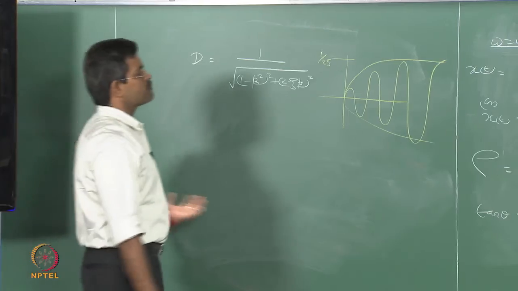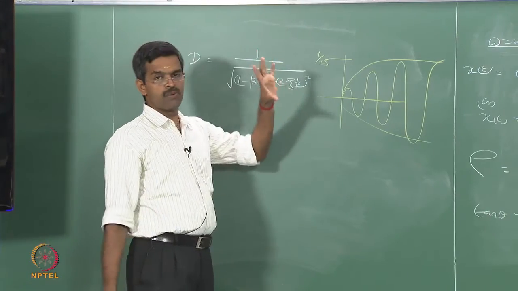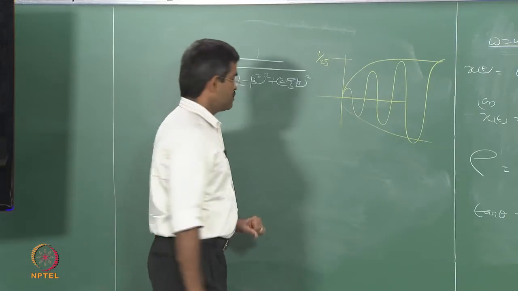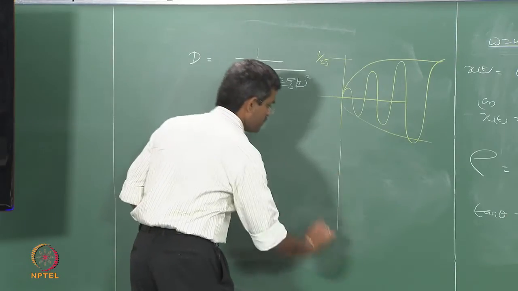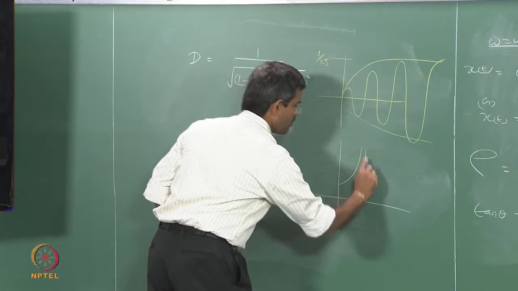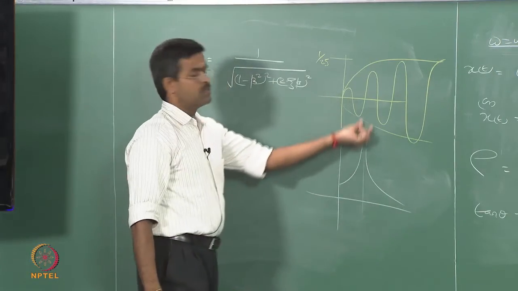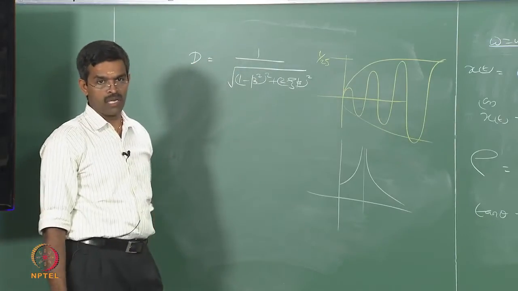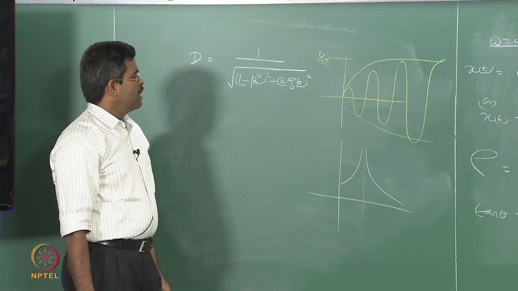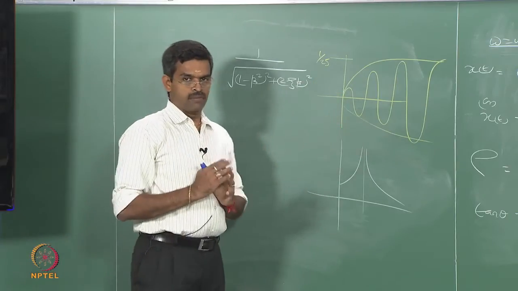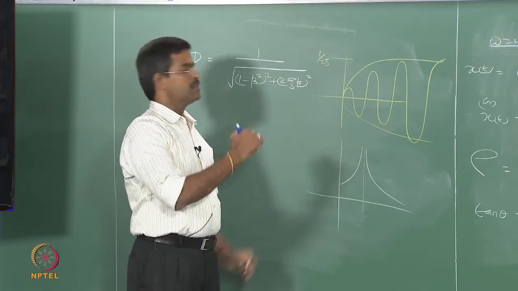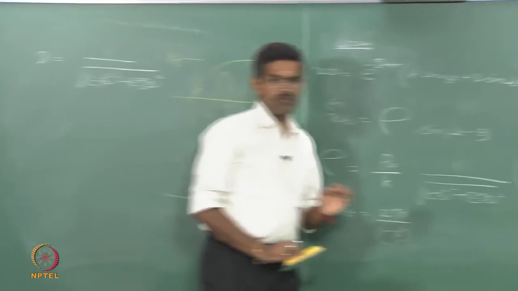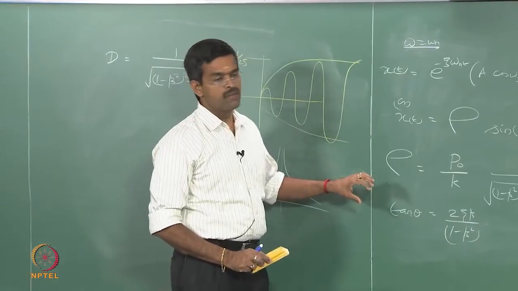Then we compared both responses: the bell mouth increasing response of the undamped system at resonance, which the RD plot was not able to capture because it is unbounded, whereas this captures at resonance because this function is derived at omega equals omega n. We have discussed both of these and compared them, and understood how the response builds up in both cases.